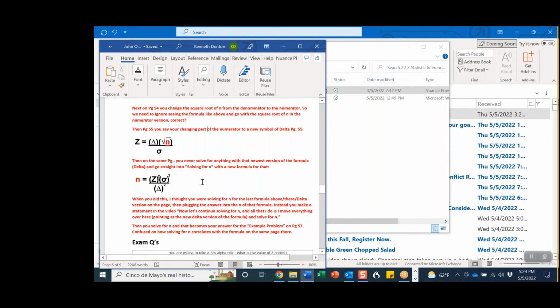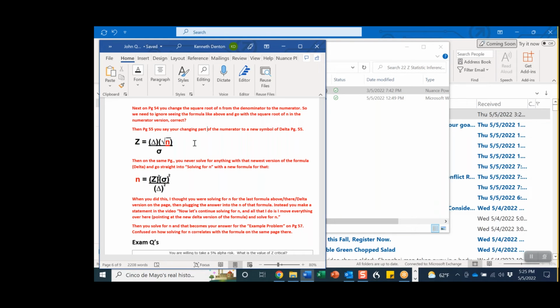Just solve for the square root of n in that upper formula there. Z equals delta times square root of n divided by sigma. You with me? Yeah, got that. So if I solve for the square root of n, I get z times sigma divided by delta equals the square root of n. True? Say that one more time.